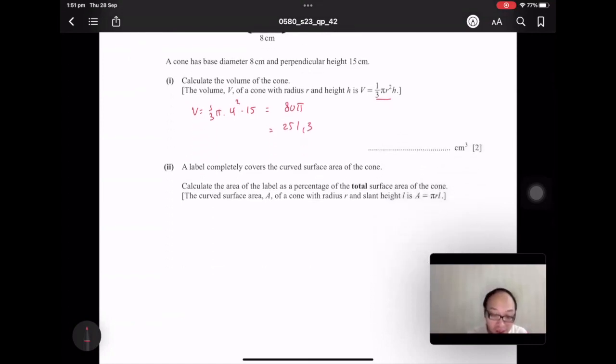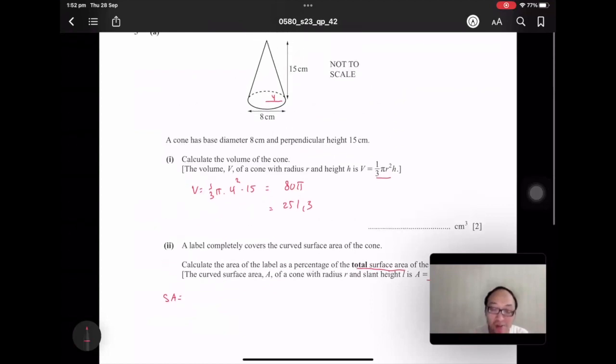A label completely covers the curved surface area. Calculate the area of the label as the percentage of the total surface area. So the surface area will be pi r l. So we have to find the l in here. So the l will be the Pythagoras of 15 square plus 4 square.